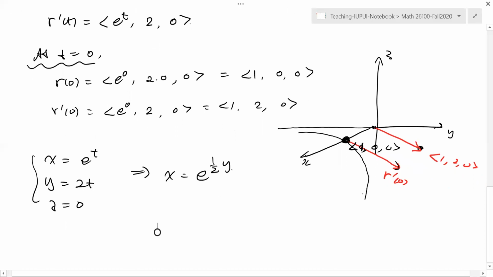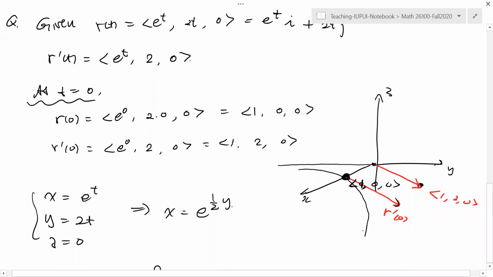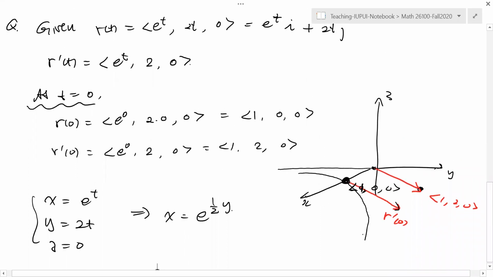Sometimes you can express the relation between x and y by eliminating the parameter t. So I think we completed the problem already. We're given a vector equation for the curve. It's not necessary to draw the whole curve, okay? But we are lucky here, we are able to draw it, okay?